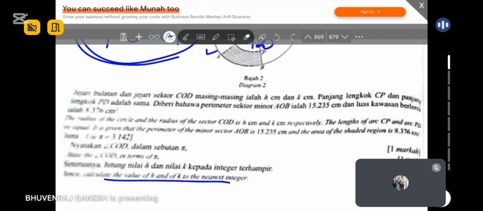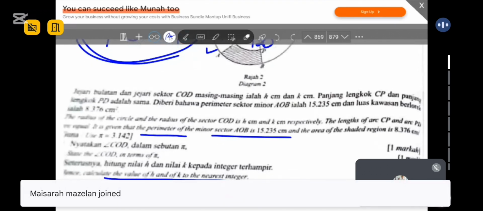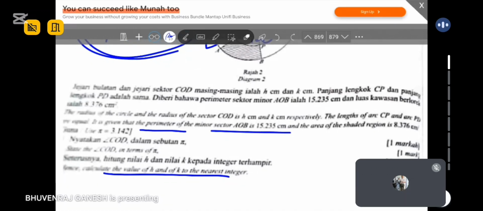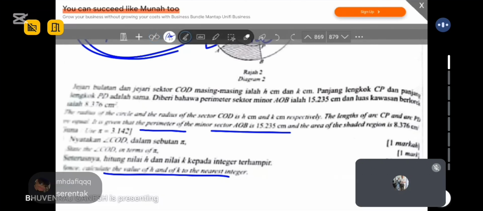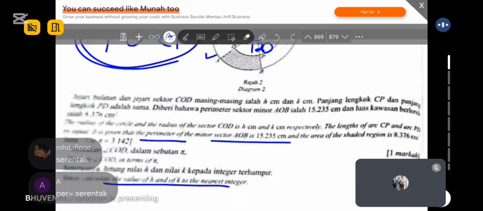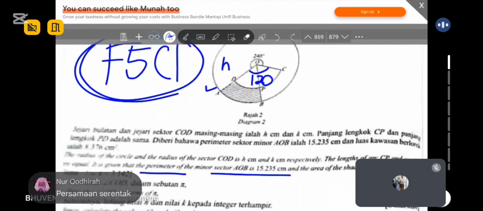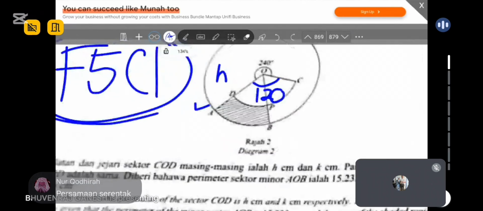Okay, guys. So they ask you to find H and K. They tell you first information. Before that, when they ask you to find two variables, dua unknown, konsep apa, guys? Dua benda H and K. What concept are you using? Yes, serentak, guys. Simultaneous equation. So they say perimeter of minor sector AOB.